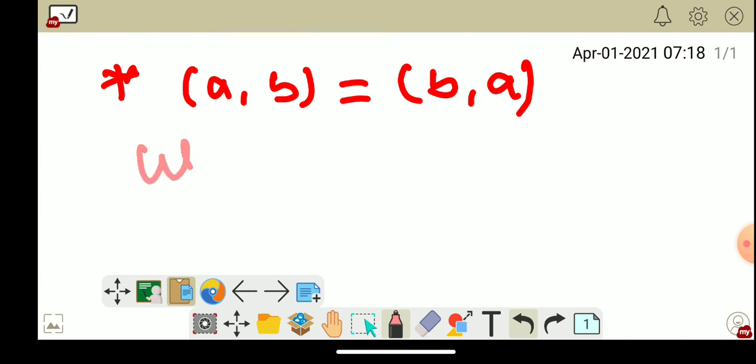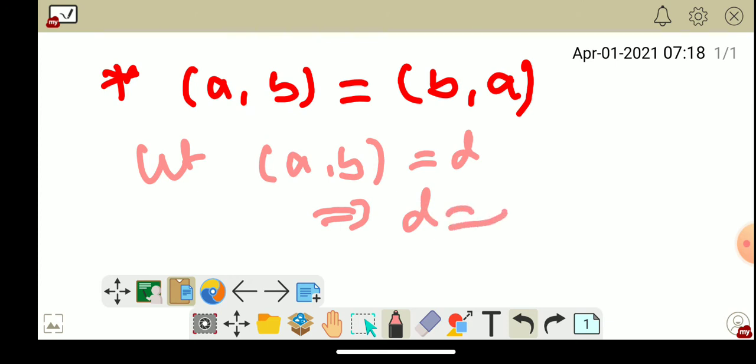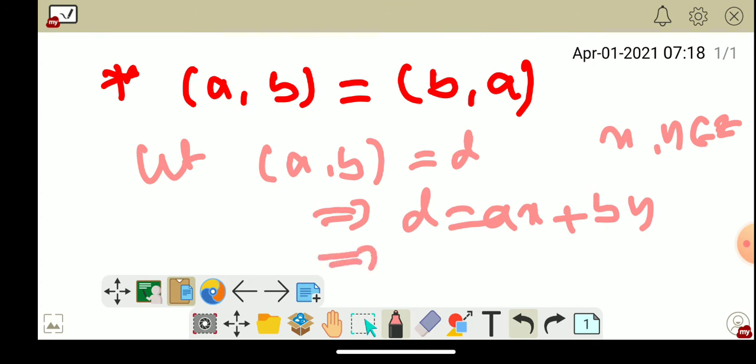Let GCD of (A, B) equal D. What is the definition of greatest common divisor? Now we have to show that GCD of (B, A) is also D. Since GCD of (A, B) is D, we can write D equal to AX plus BY for some X, Y belonging to Z. And D is equal to BY plus AX, because integers satisfy the commutative property with respect to addition.